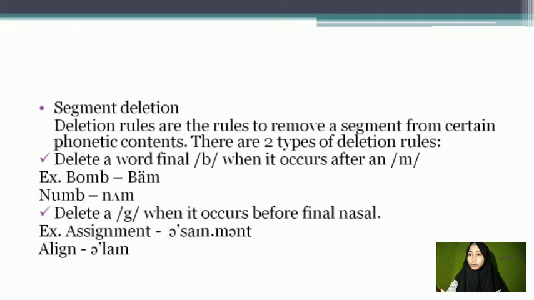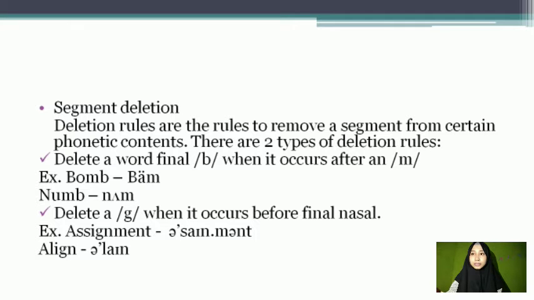Deletion rules are the rules to remove a segment from certain phonetic contents. There are two types of deletion rules. The first one is delete a word final b when it occurs after an For example, the word bomb. Instead of we say it as bump, we say it as bump.